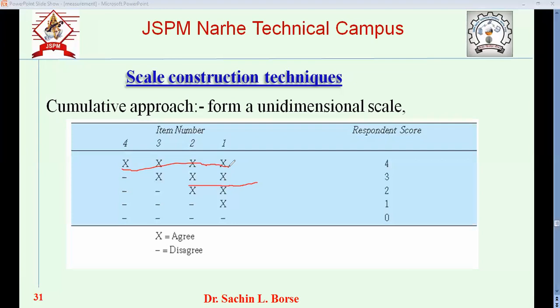If statements 3, 2, 1 are correct, the score is 3. When statements 2 and 1 are correct, it is 2, and when statement 1 is correct, then 1.